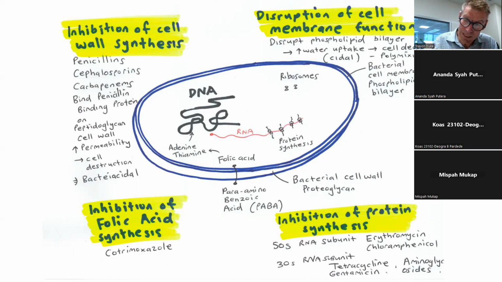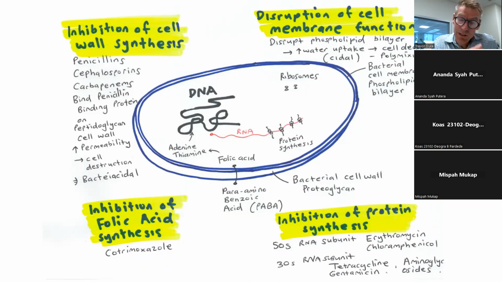So anything that disrupts the bacterial cell wall or the cellular membrane will cause the bacteria to die. And that's the basis for the first antibiotics that were identified, particularly penicillin. It disrupts the cell wall of bacteria, and by doing so increases the permeability, and that leads to cellular destruction.